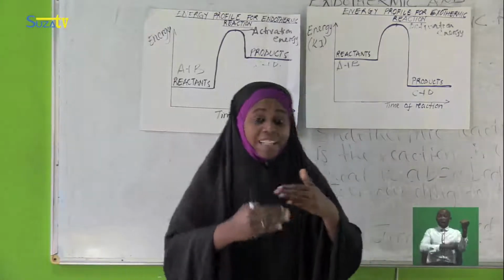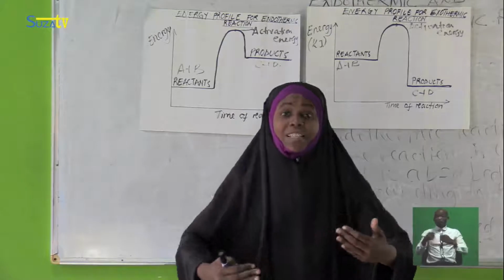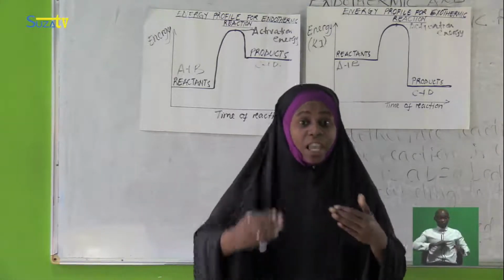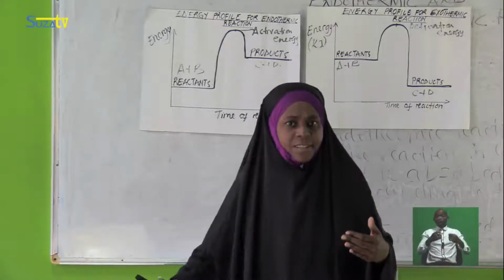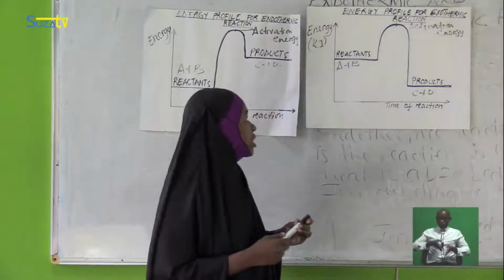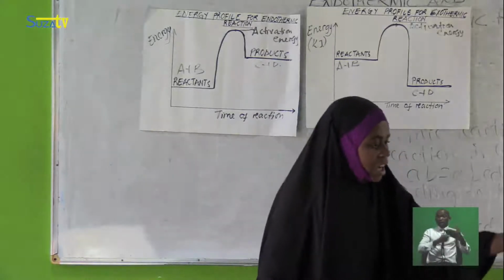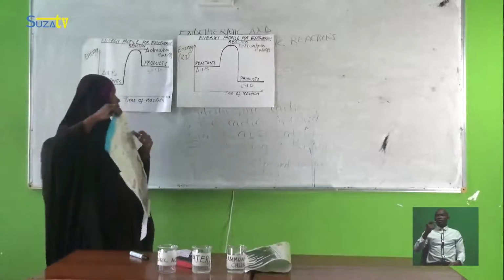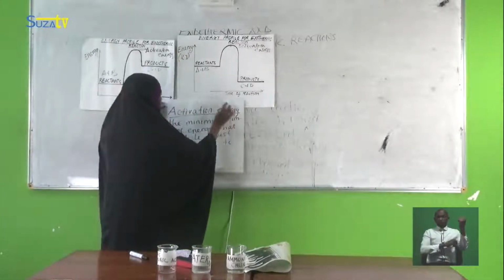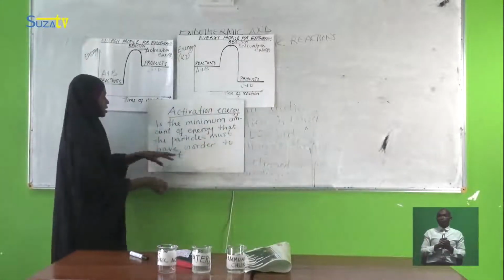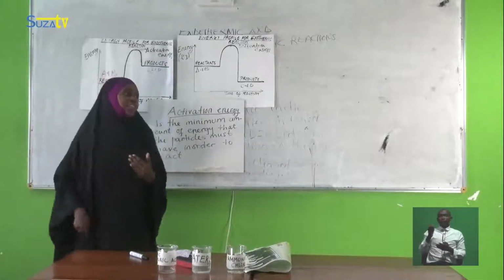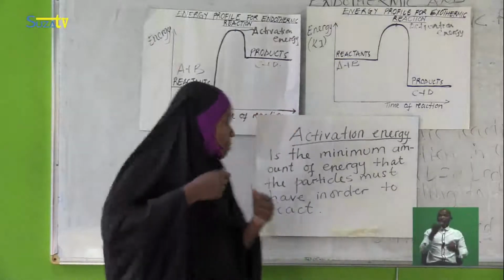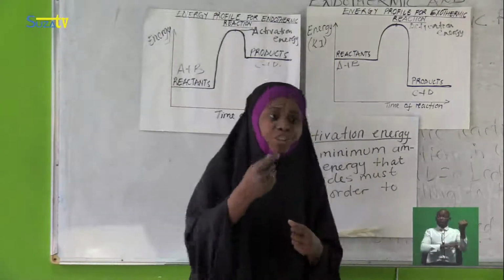That is, particles must have sufficient energy to collide to form the products. So that is the energy known as activation energy. We can define activation energy: this is the minimum amount of energy that the particles must have in order to react.